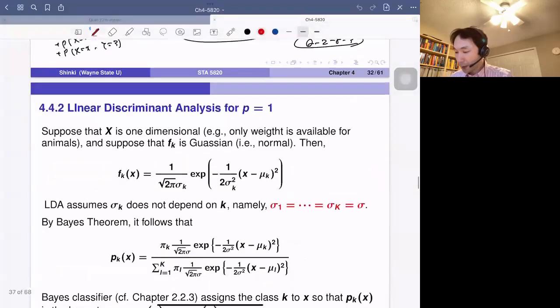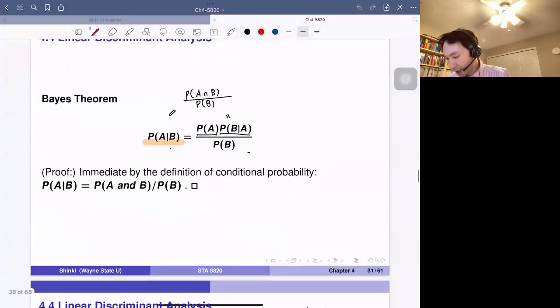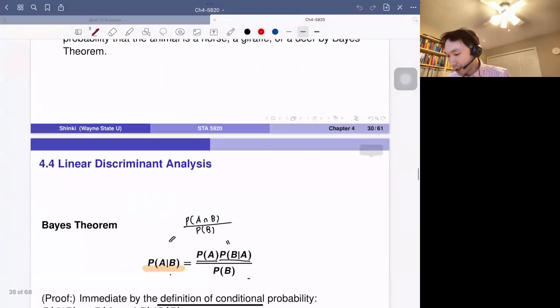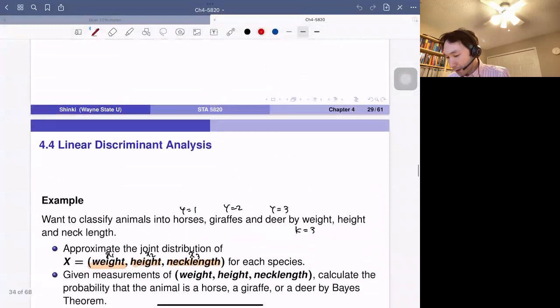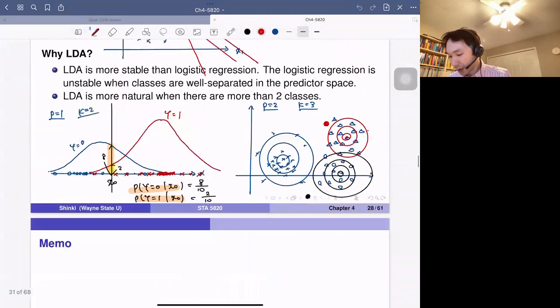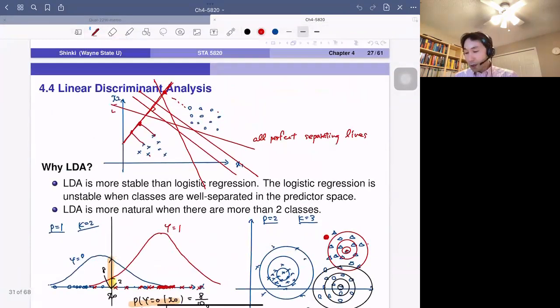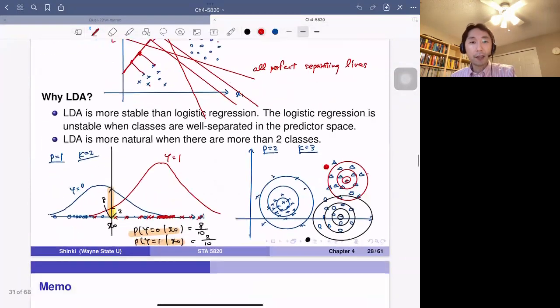Chapter 4. Last time we studied linear discriminant analysis. Basically, we use a linear boundary to separate the groups. In some sense, the idea is similar to logistic regression in that the boundary is linear, but the original idea is different.